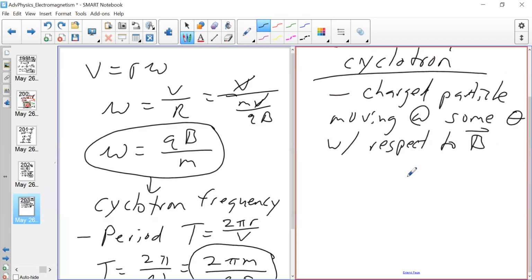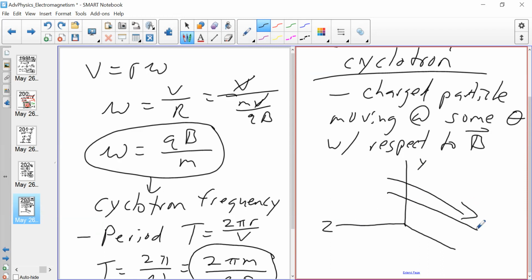Trying to visualize this, I have my y-axis, z, and then my x. So my magnetic field is going to be through the YZ plane. It's going to have magnetic field lines like this. You can imagine this is the origin. It's like coming from another dimension through the YZ plane.